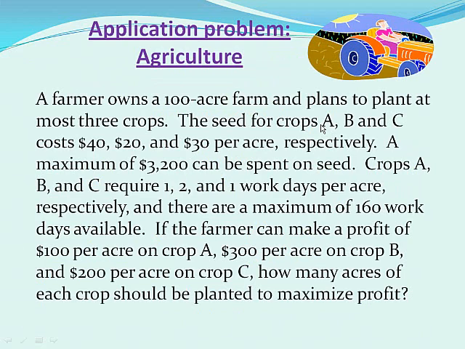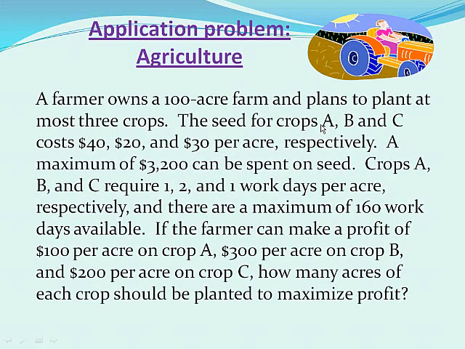Application problem. A farmer owns a 100-acre farm and plans to plant at most 3 crops. The seed for crops A, B, and C cost $40, $20, and $30 per acre respectively. A maximum of $3,200 can be spent on seed.